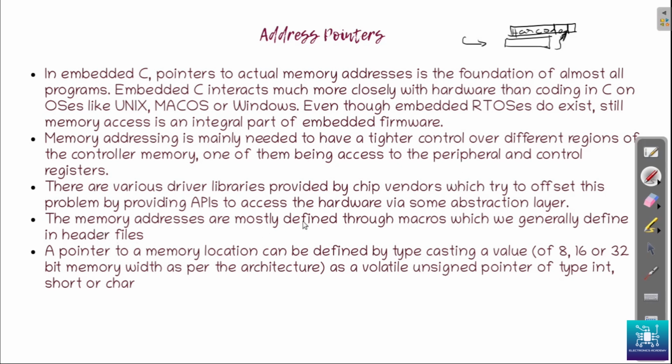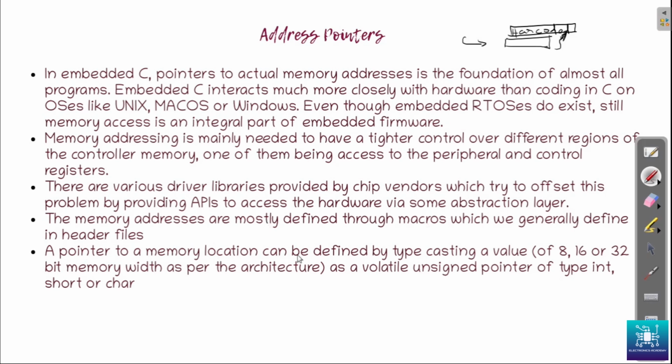The memory addresses are mostly defined through macros, which we generally define in header files. These macros are just hash defined memory locations, and we declare some pointers and define them by equating them to some memory location, which is generally a value.